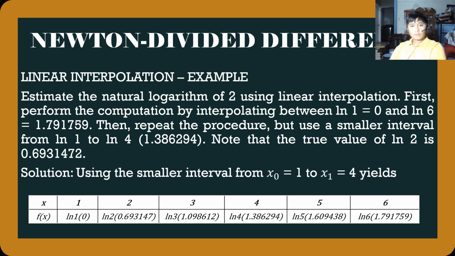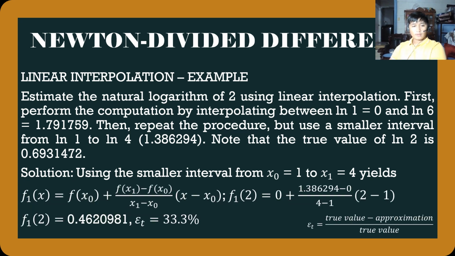So again, this formula here is the standard linear interpolation formula. By substituting again, this is 0, this is 1, and then f of x sub 1 is 1.38. It is provided here.